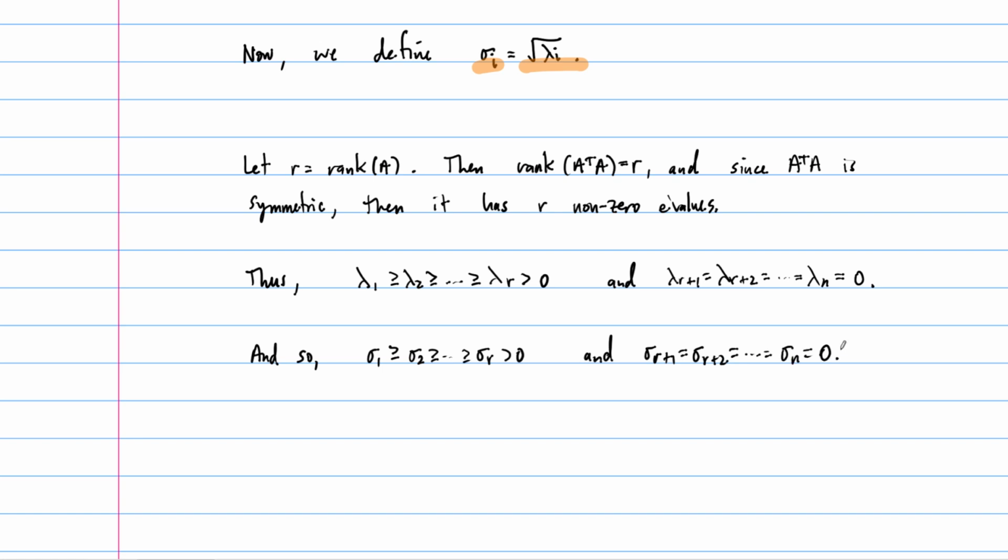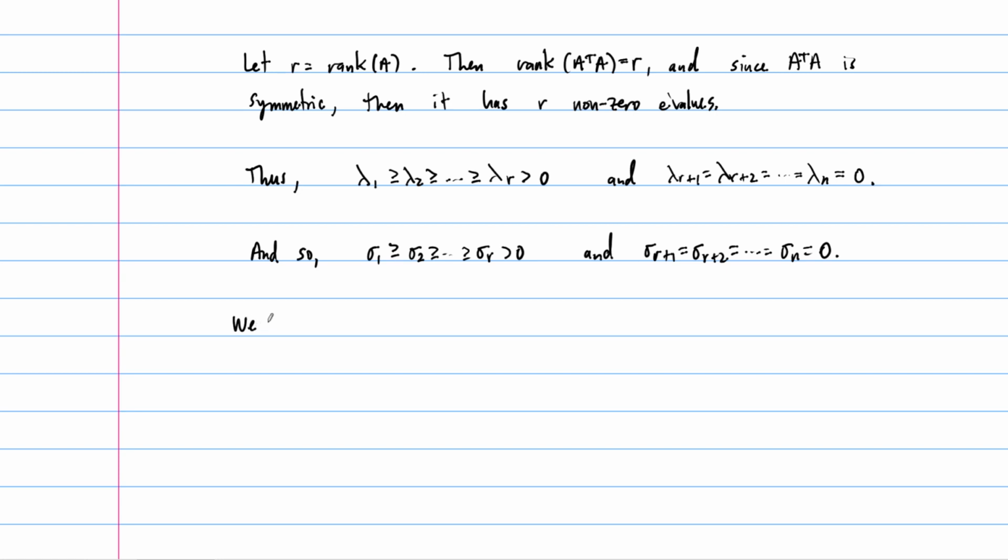Right? So at this point, what we can do is partition the two matrices that we've already made. We can partition V into the following: V1, V2. So we write this as a partition matrix, where V1 is going to be the first R columns of our matrix.